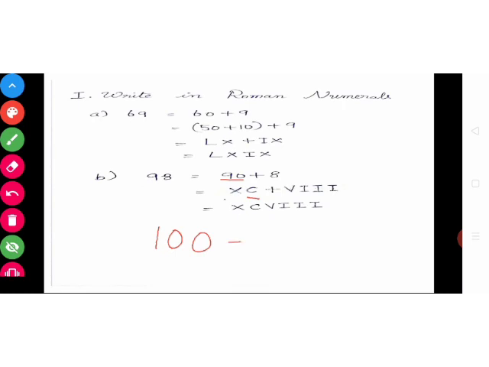Then this symbol represents 10. So 100 minus 10 is 90. So you can write this using this symbol. And then next 8 is represented by the Roman numeral for 8. So you can add and write. You are going to get the answer. Okay children.